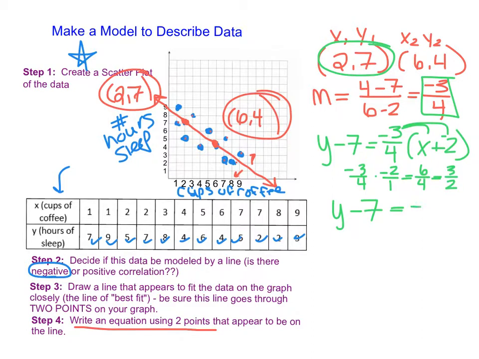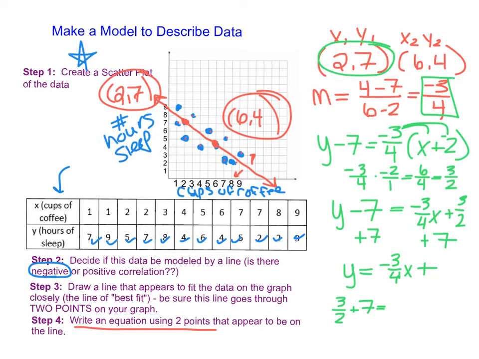So here I have negative 3/4 x plus 3 over 2. I then need to get y alone, so I add 7 to each side. And I have y equals negative 3/4 x plus, I need to do some fraction math here, so 3/2 plus 7.